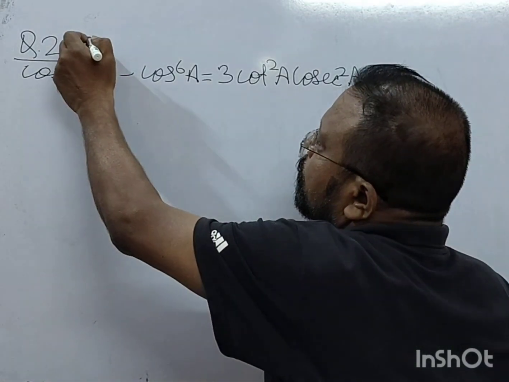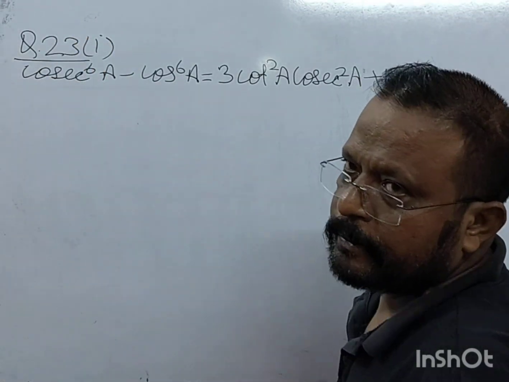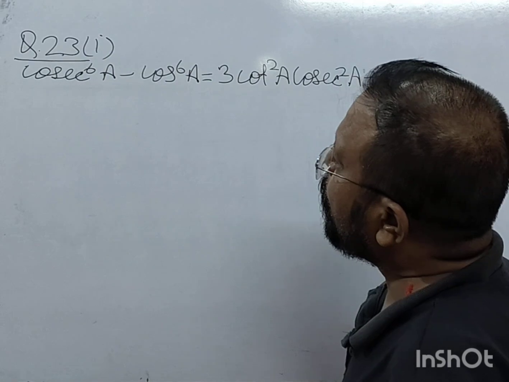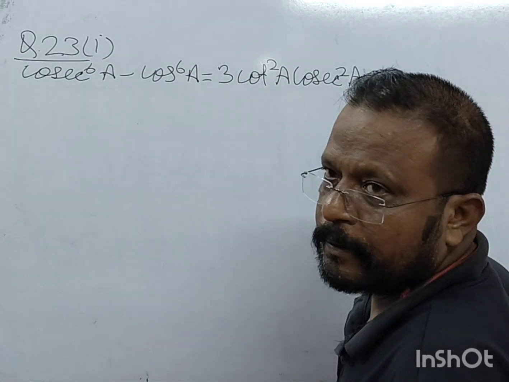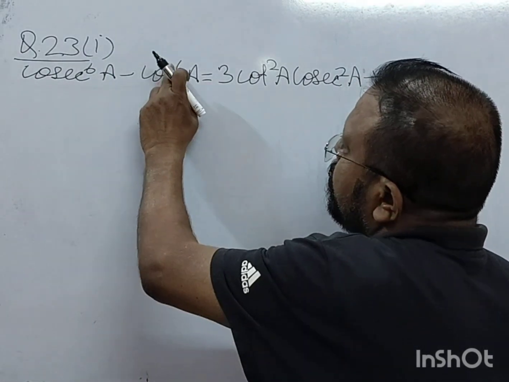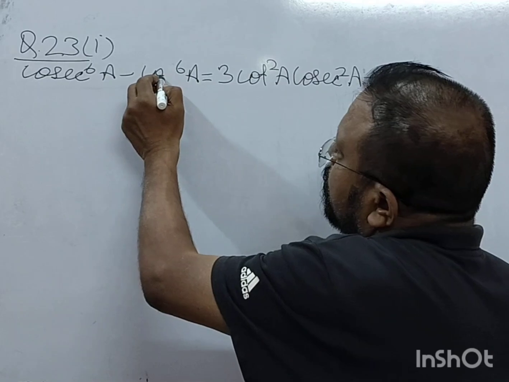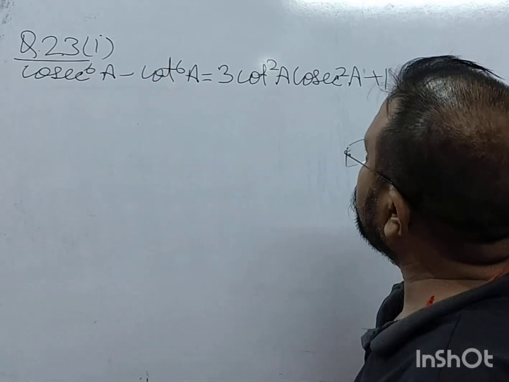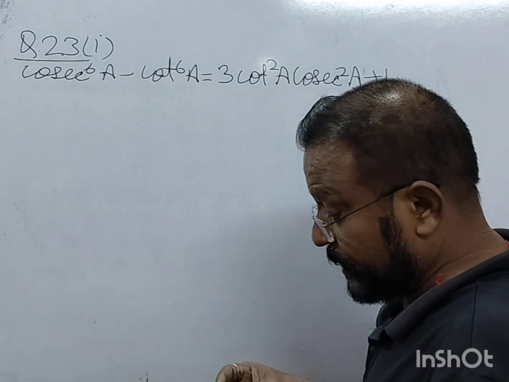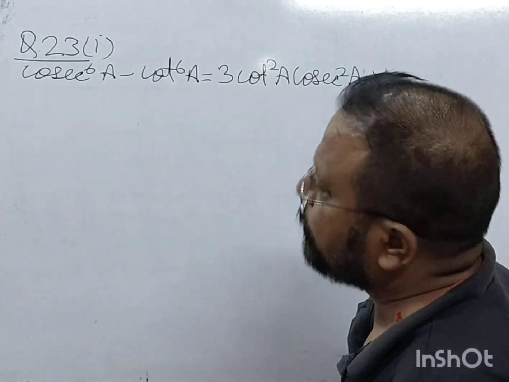Question number 23, first part. Cosec raised to the power 6a minus cot raised to the power 6a. Sorry, it should be cot raised to the power 6 here, right?